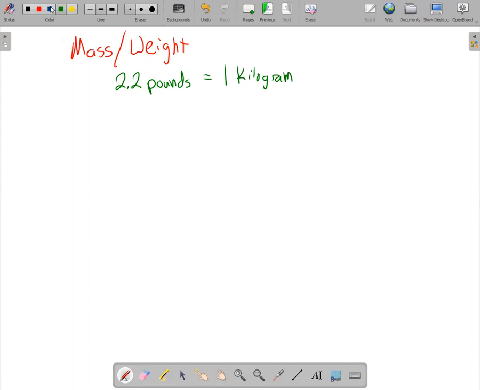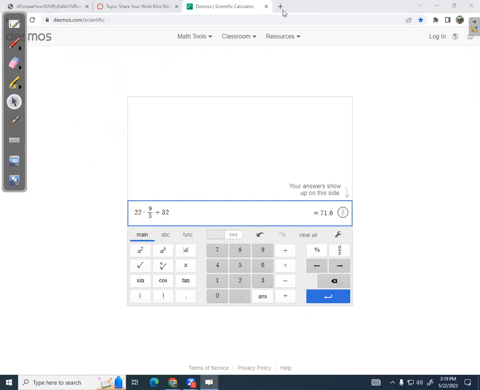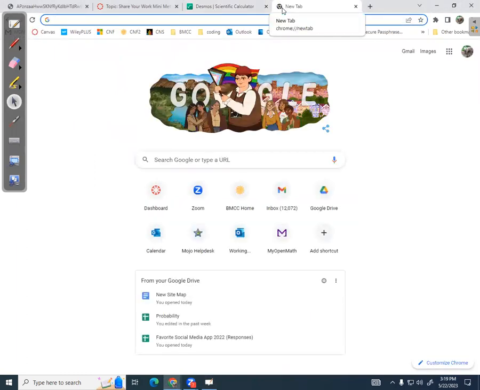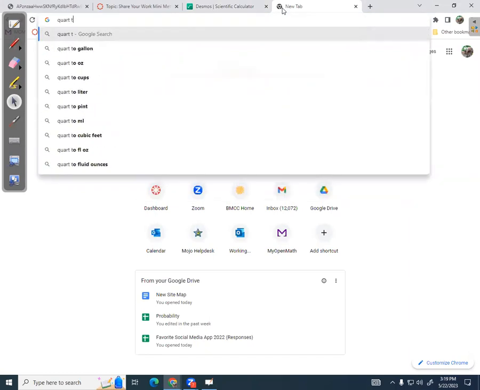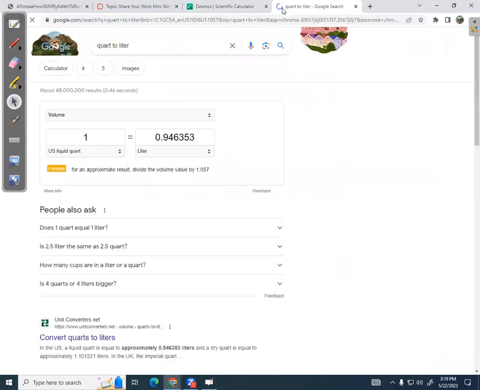And then liquid. This one I often forget, so I'm going to look it up. My recollection is a quart is 0.94 liters. .946 liters.